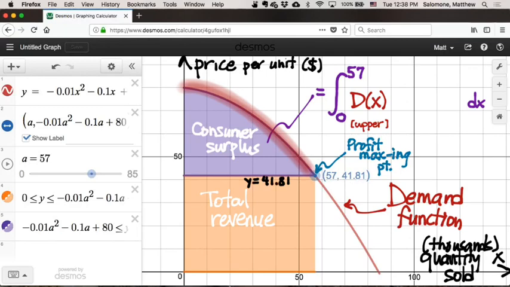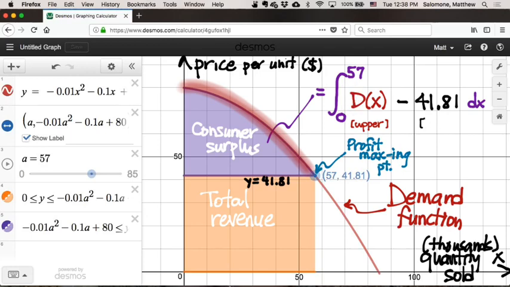If I treat that as my lower function, 41.81, and then I just subtract it, so we're doing upper function minus lower function, that is the construction with which we always compute the area in between two graphs on a coordinate system. So we could subtract this equilibrium price first from the demand function and then integrate.